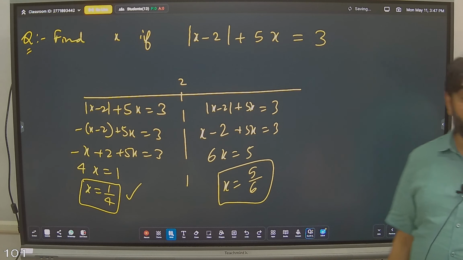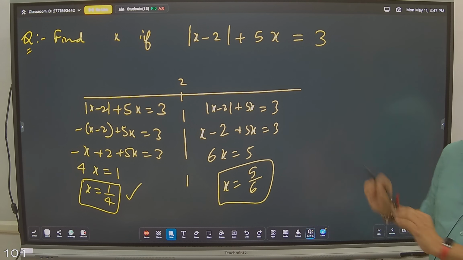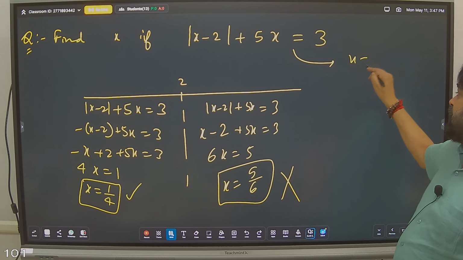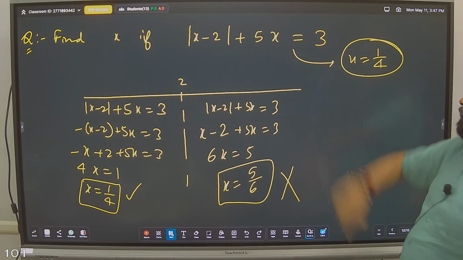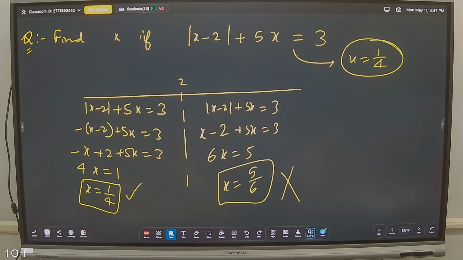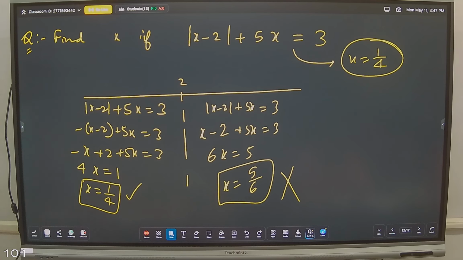No, because your boundary is after 2 and you are giving an answer less than 2. Rejected. So this equation has only one answer, 1 by 4. Is this point clear? Write it. Without copying, do your own. If you get stuck, then see the solution.